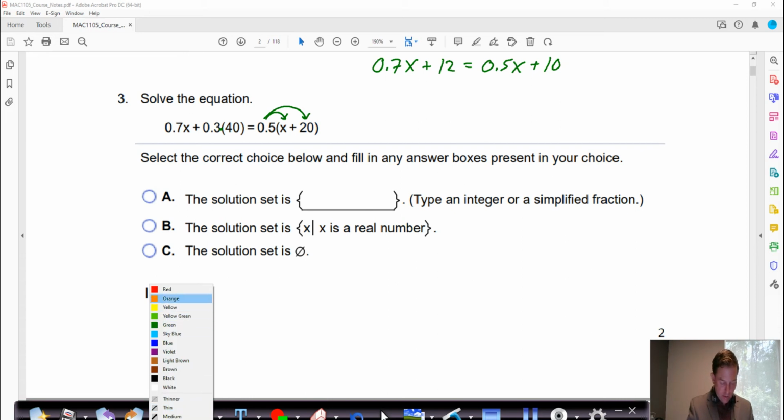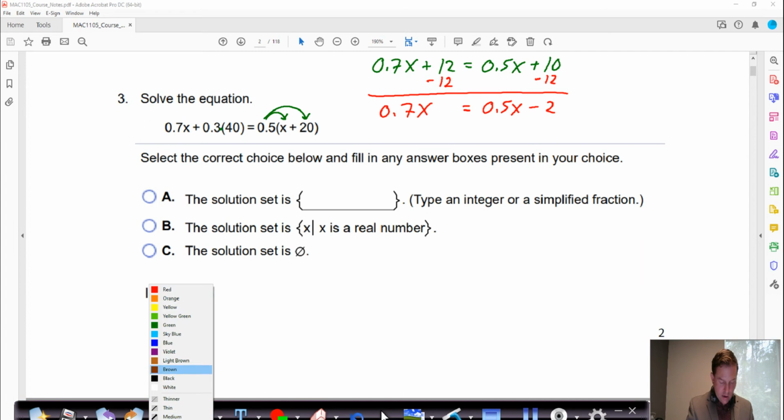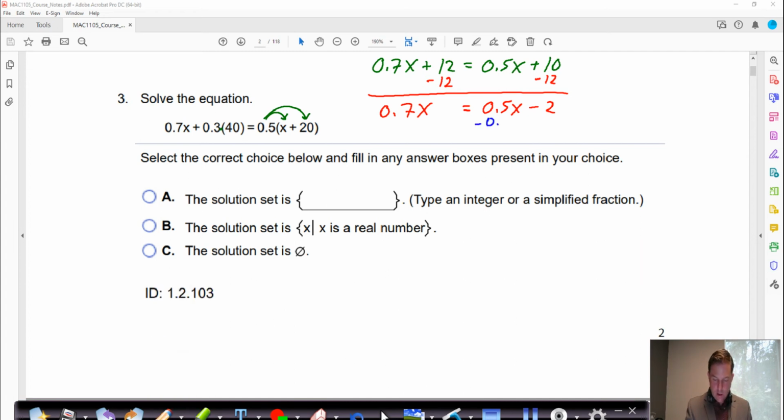Order doesn't quite matter here, but let's get rid of this 12. So we'll get 0.7x. 12's cancel, equal sign drops down, 0.5x drops down, and 10 take away 12 is negative 2. Okay, now we've got to move that 0.5x over, so let's subtract that away.